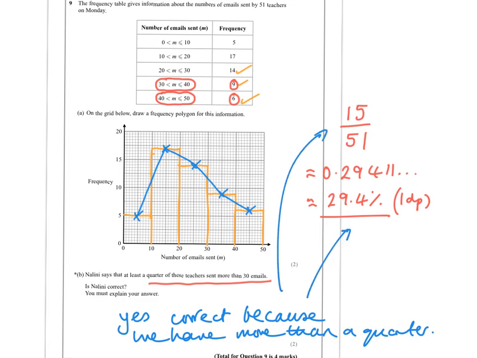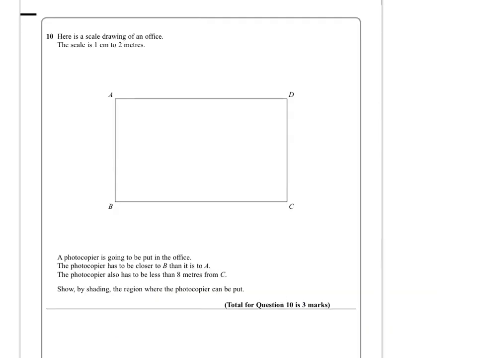Okay, let's move on. So with this question, we've got to look at the rules here. So it's a locus question, and the photocopier has to be closer to B than it is to A. Now I don't have the specialised equipment here, but I would use a compass. I'll put my sharp point here, and I'll be drawing an arc somewhere around here. Doesn't really matter where.